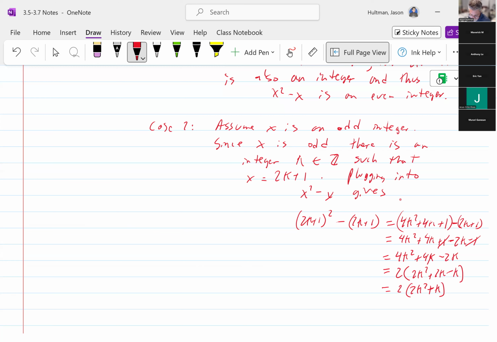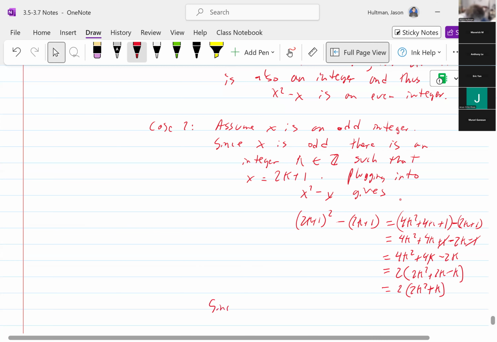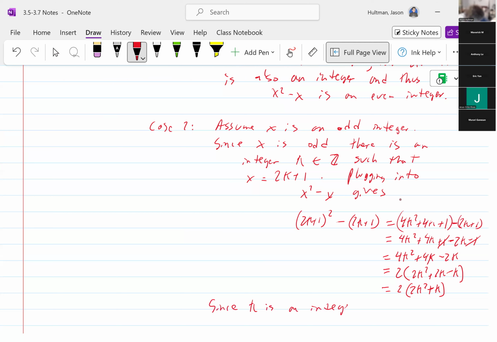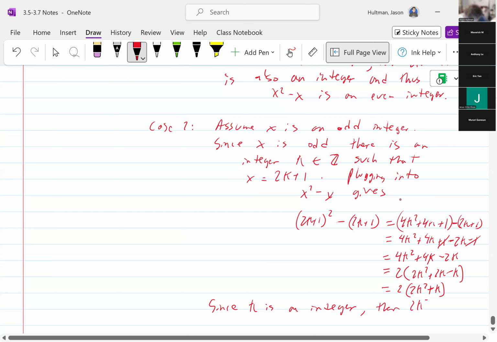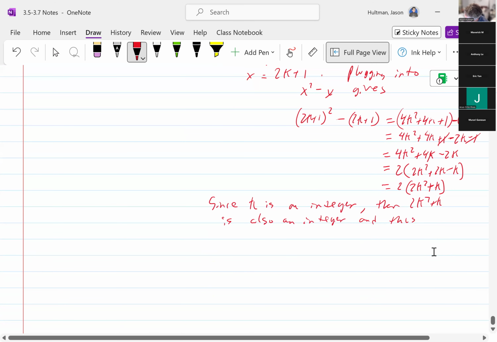Since k is an integer, then 2k squared plus k is also an integer. And thus x squared minus x is even.